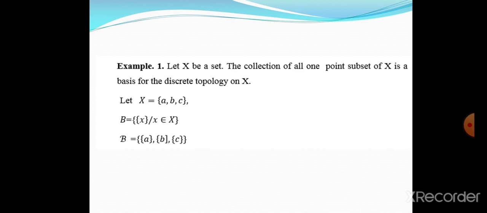Here, basis B equals {a}, {b}, {c}, because the basis elements are of the form singleton set {x}, so the basis consists of the singletons of the elements of capital X, that is a, b, c.